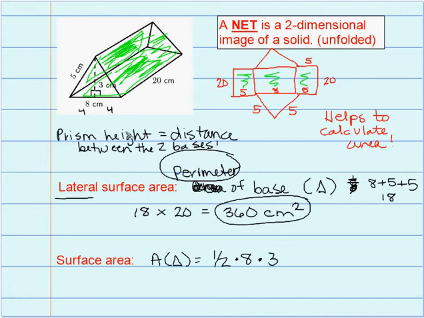Base times height. That height is where the perpendicular is, the altitude. And if I multiply all this together, I get 12 centimeters squared.